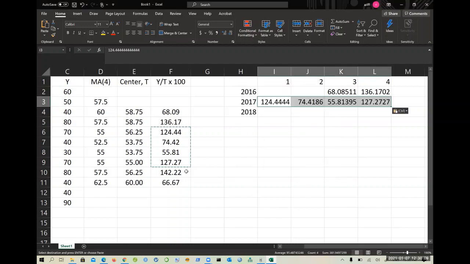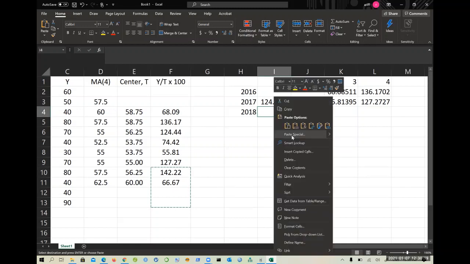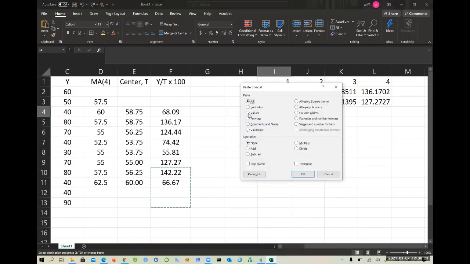Okay, one more. Control C. Paste special, values, and transpose.